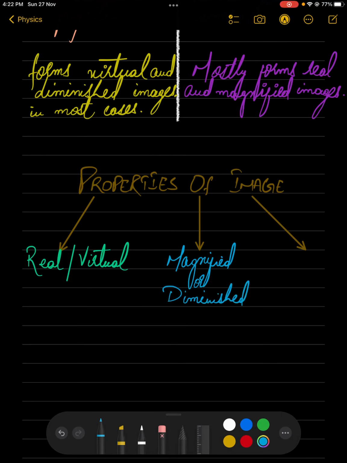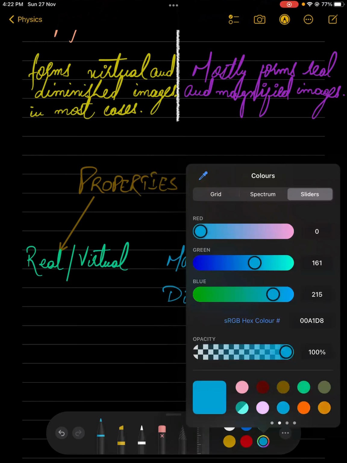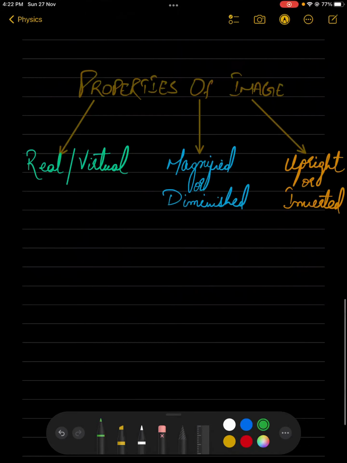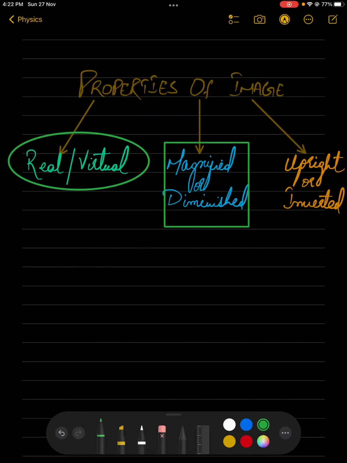And finally, we have the last property, which is upright और inverted. तो हमारे पास upright या inverted तीसरी प्रॉपर्टी है. अब मुझे ये समझना है कि रियल और वर्चुअल का मतलब क्या है, उसके बाद मैग्नीफाइड डिमिनिश्ड का मतलब क्या है, और फिर upright और inverted का मतलब क्या है.